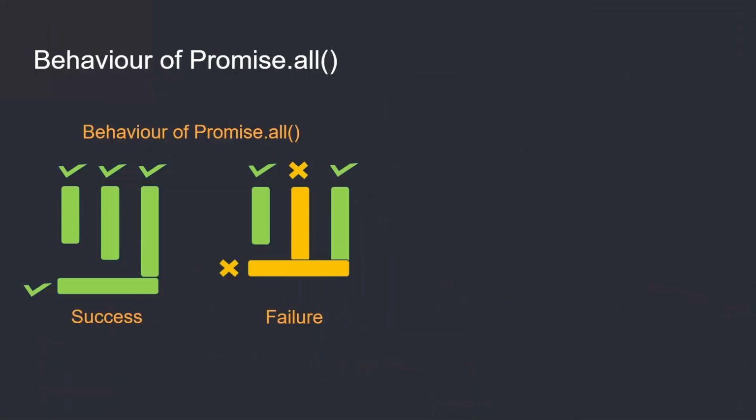So if you compare the behavior of Promise.all versus Promise.allSettled, this is the behavior of Promise.all. If each API function is successful, the final response will be successful, and if any one API is failing, in our case the stock API is failing, the final returned promise will be failure.